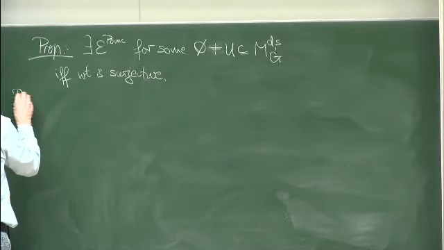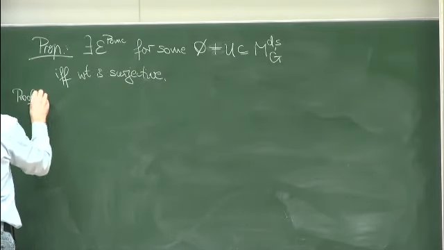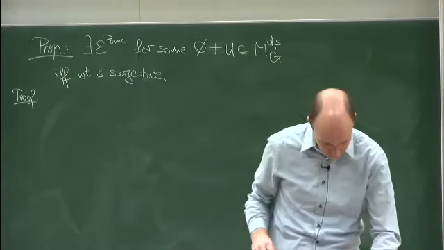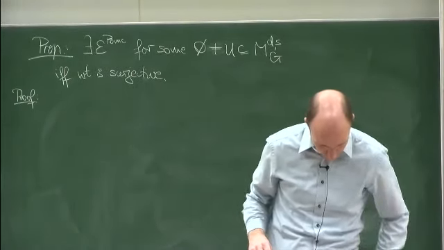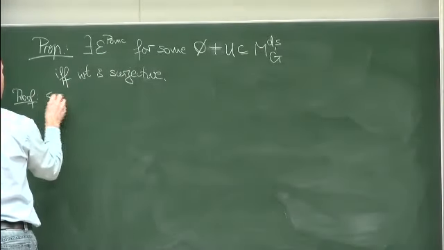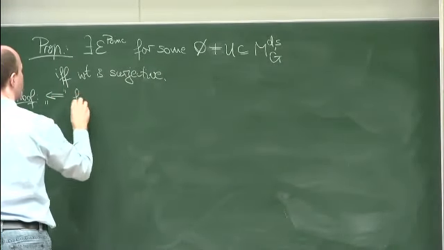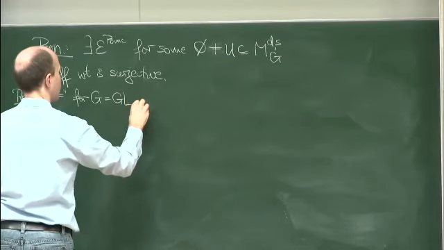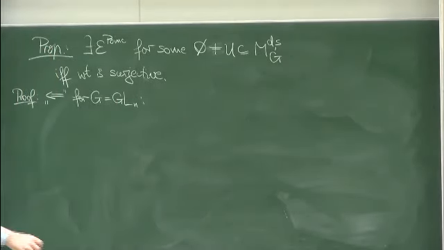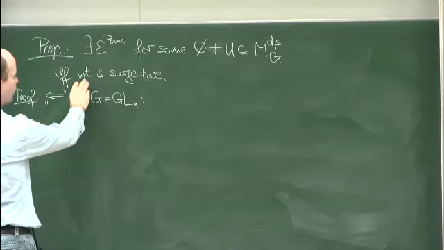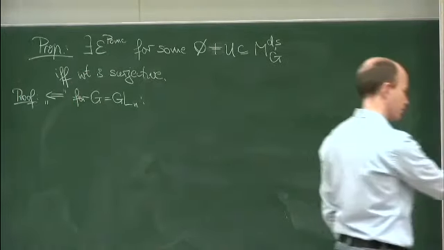Let me say a few words about the proof. Maybe I'll first explain this direction for the case of GL_N, because it's a little easier there, and the argument basically generalizes. So assume that the weight map is surjective.